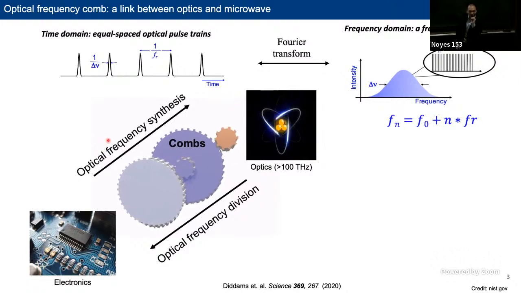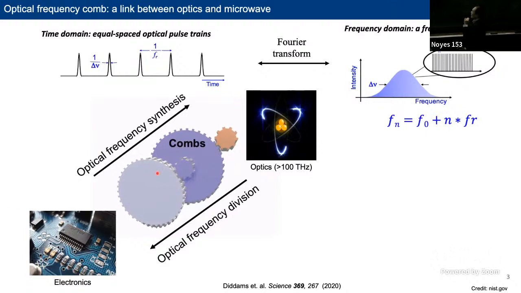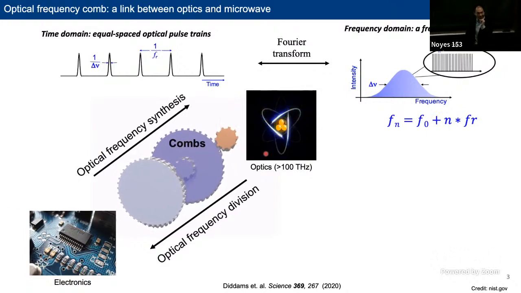One reason we can argue is that using this link, we can transfer the well-established techniques in both the optical frequency domain and the electronic frequency domain for stabilizing frequencies. For example, there are a lot of well-established techniques which we can use to stabilize frequencies for lasers.